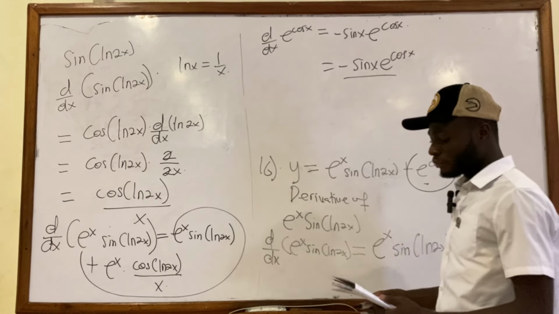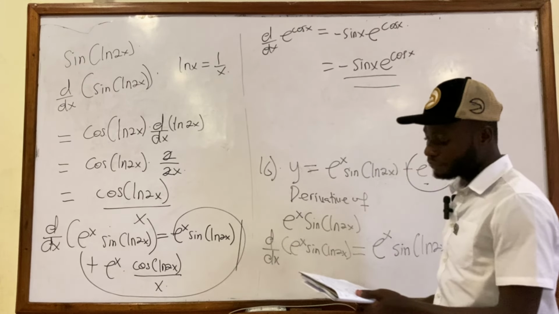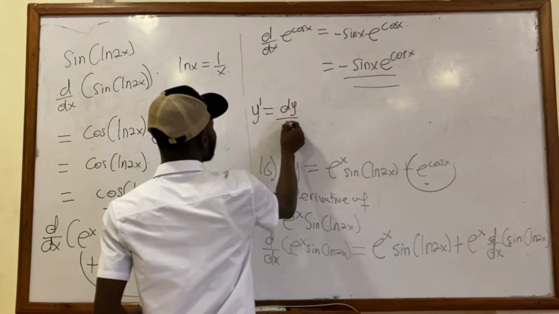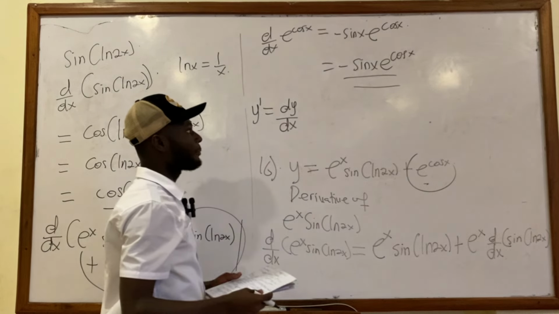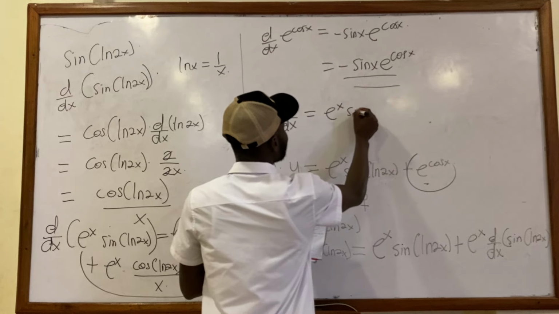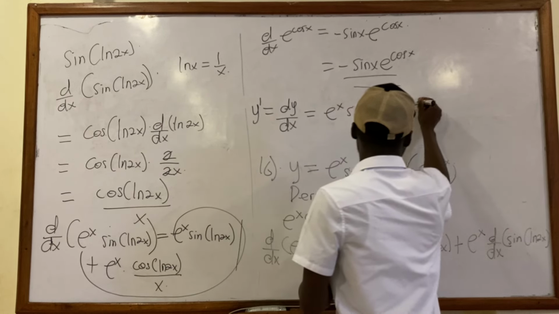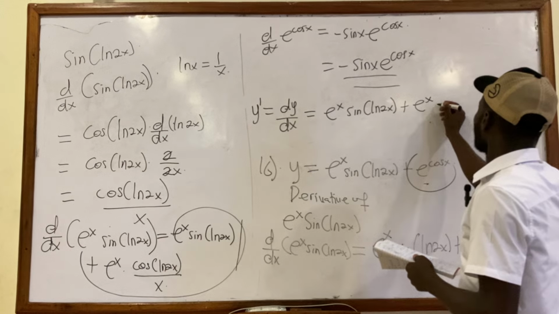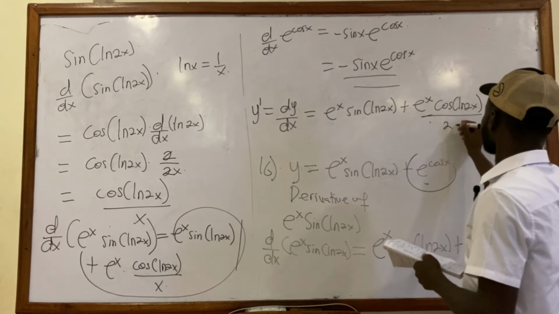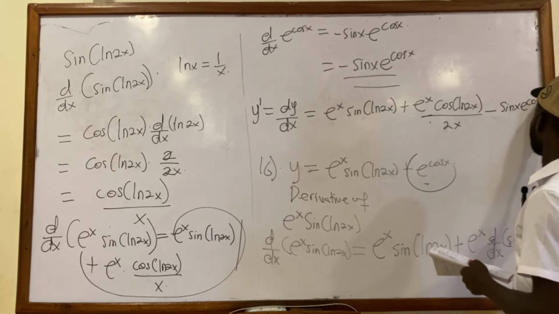So combining the two, we are going to have dy/dx, or y prime, equal to e power x sine of ln 2x, plus e power x cos of ln 2x all over x, minus sine x e power cos x.